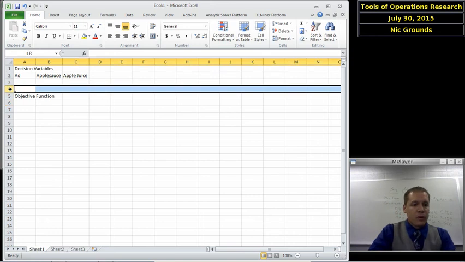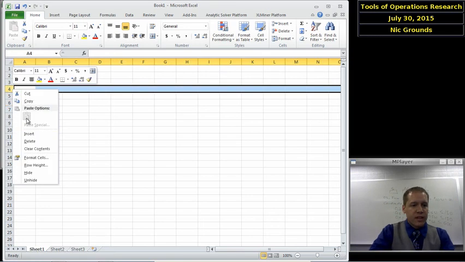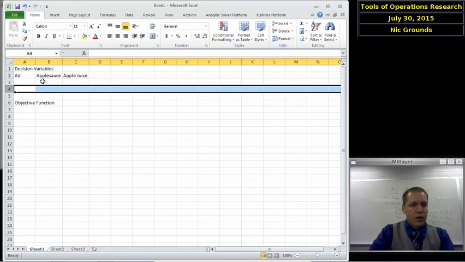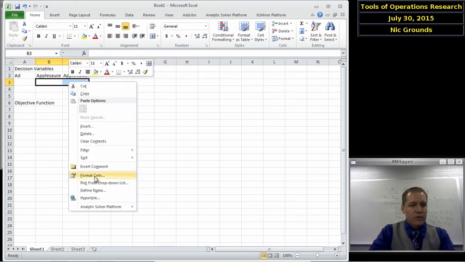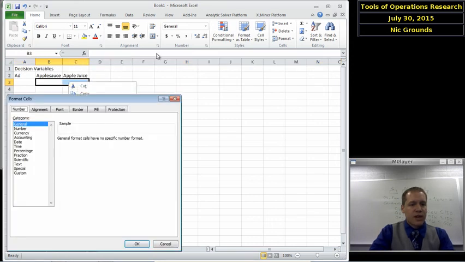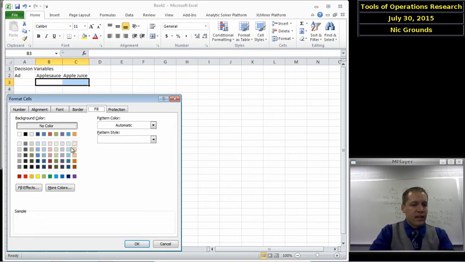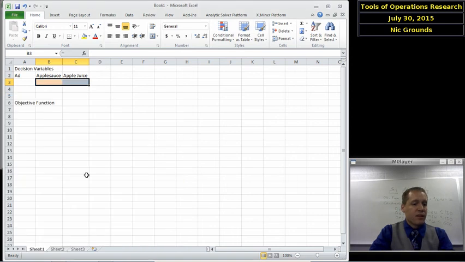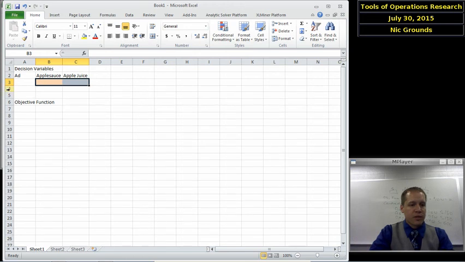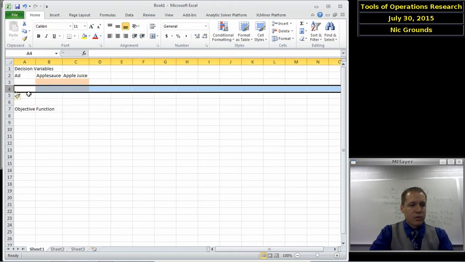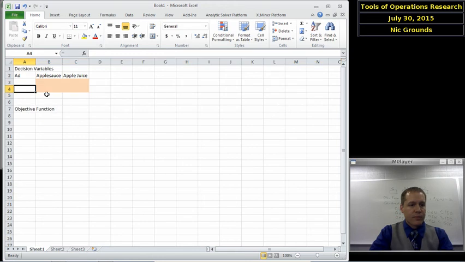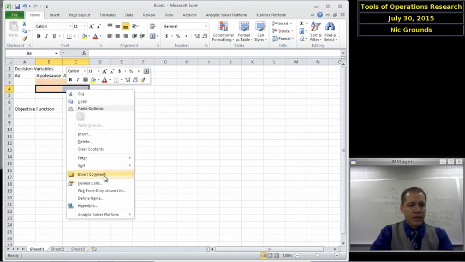So before we can compute the objective function, we have our decision variables of how many dollars to spend in advertising, but that doesn't directly tell us how many we sell or how many we can make and sell. So we need to compute that, so I'm going to do that in a separate row here.